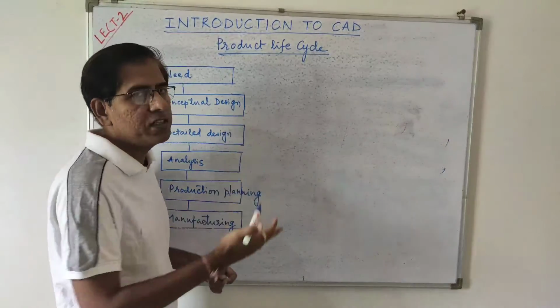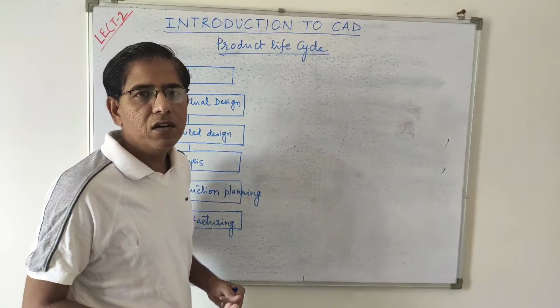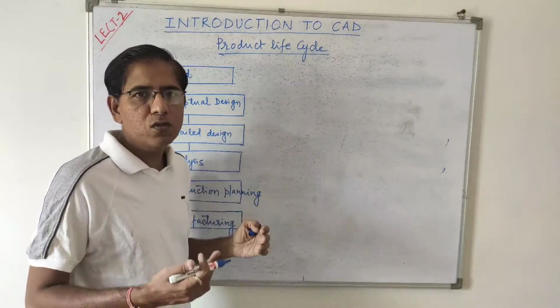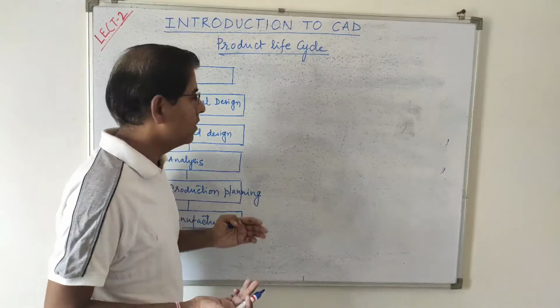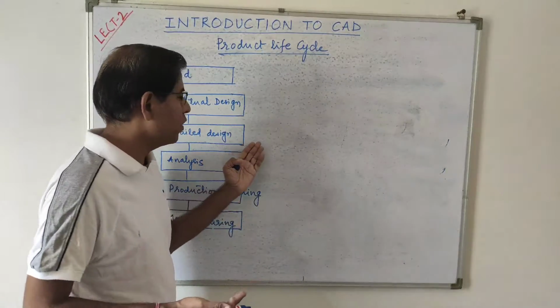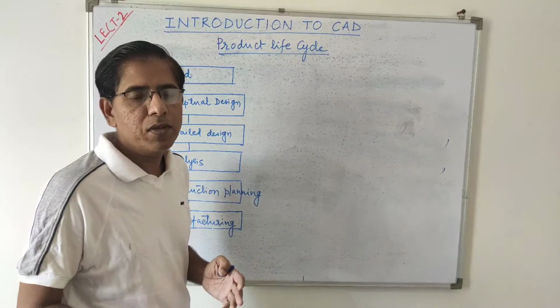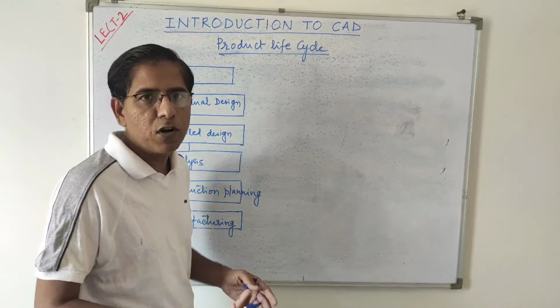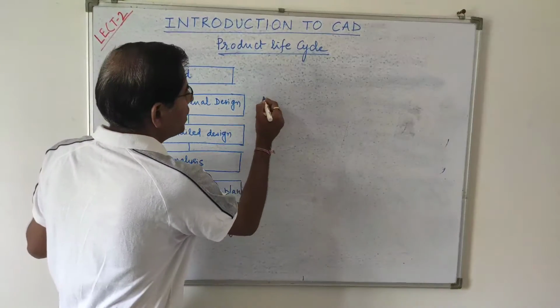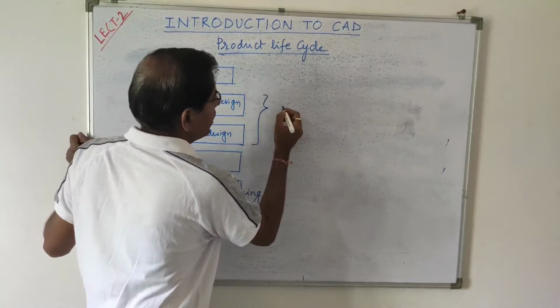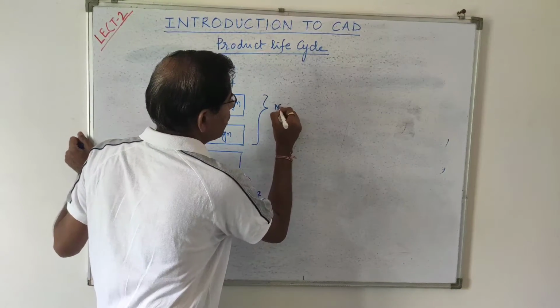So for conceptual design or drafting, we can use AutoCAD, that is a 2D drafting, and for the detailed design, that is part modeling or assembly modeling, we can use the modeling based softwares. So here we can implement a computer system by using modeling softwares.